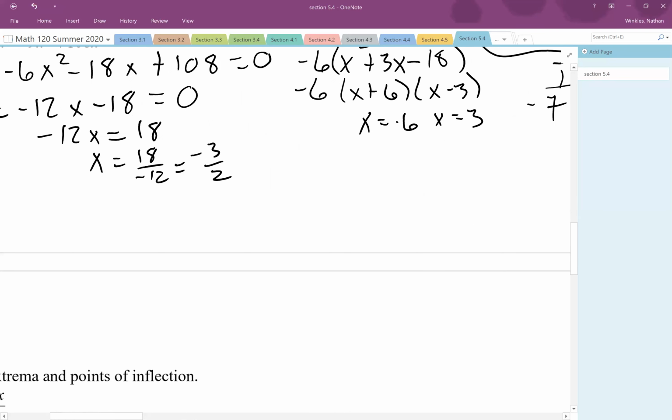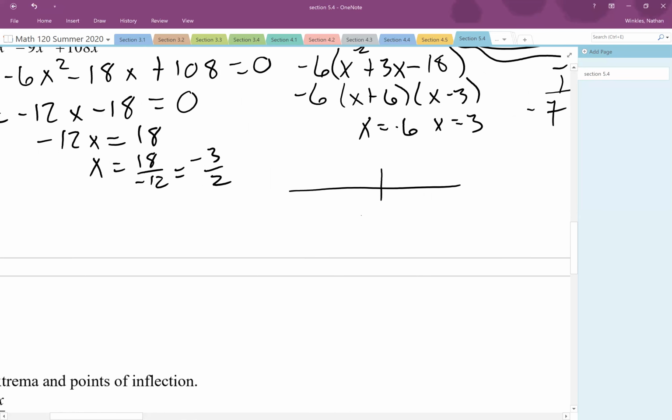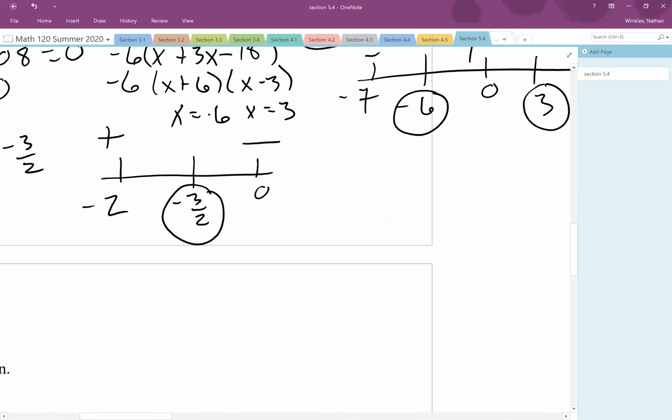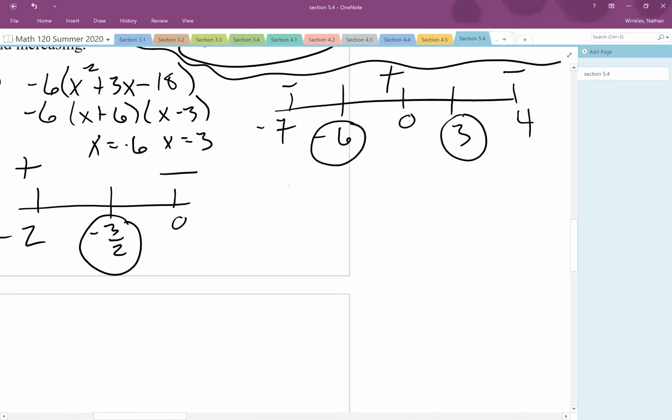Doing the same thing for our second derivative, we're going to use it around negative 3 over 2. So if you plugged in 0, you got negative. Plugged in negative 2, you get positive. So we're looking for positive over positive when we combine these two.